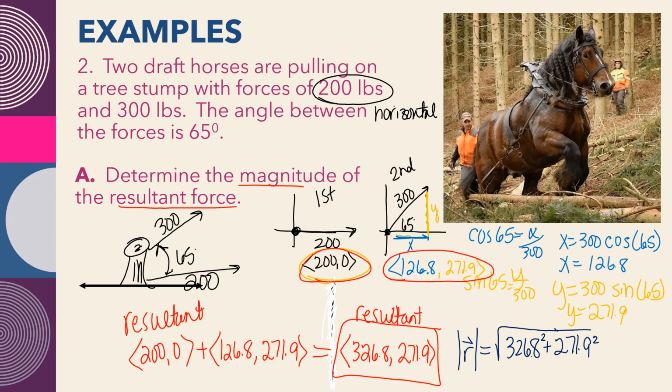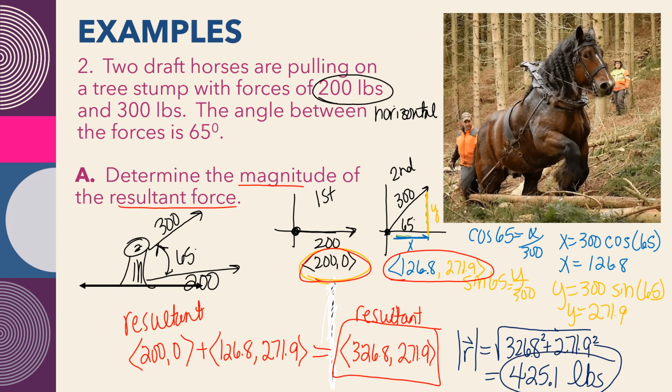And when you type that into your calculator and simplify, you get 425.1. Okay, what again does that represent? Pounds of pressure at which it's pulling. Okay, so the resultant of the two horses pulling together is 425.1 pounds. There you go. Good job.